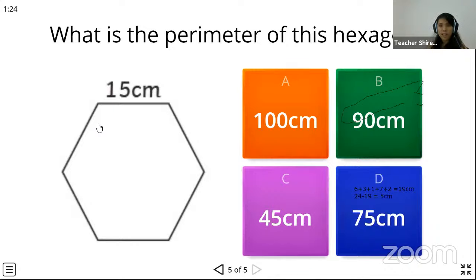Okay, so it says hexagon means all of them are equal, but now there are 6 sides. Wow, Charlie's and Harold's team very fast. Are you guys using a calculator?